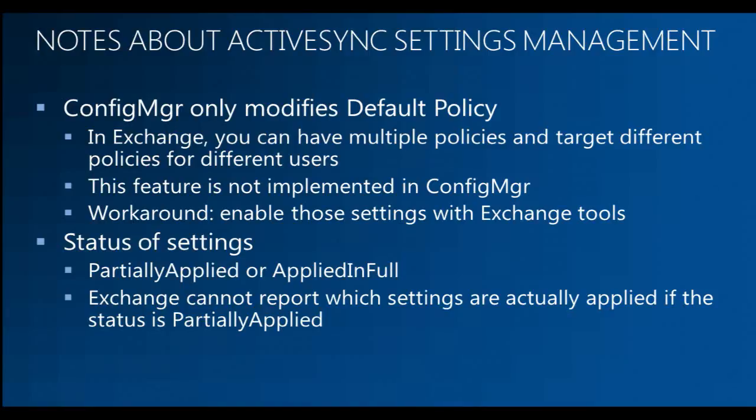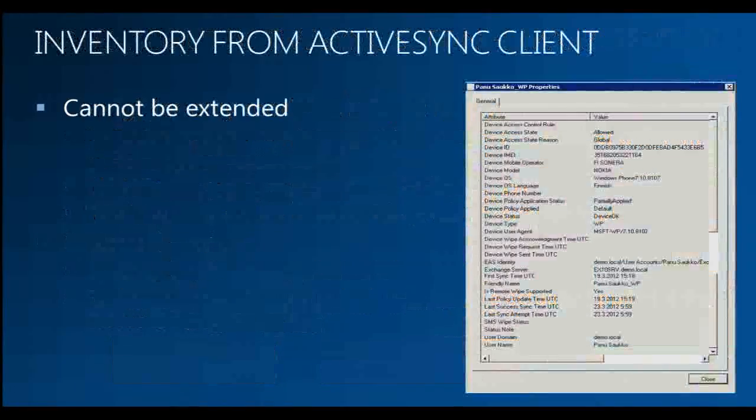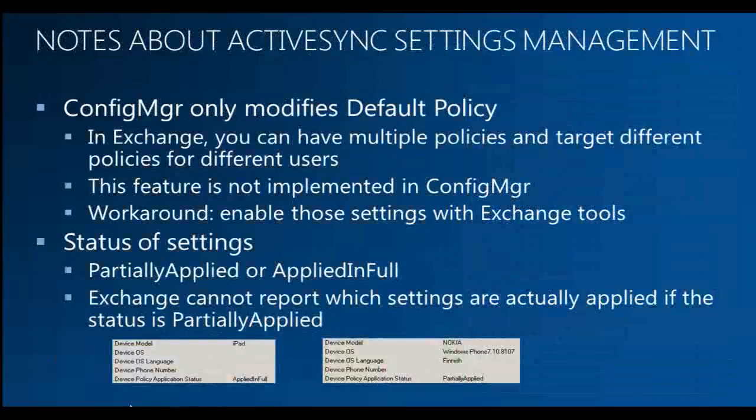But there is no way to know which setting hasn't been applied. Exchange doesn't report that information back to Config Manager or to the Exchange. So you could see from here this device policy application status. Is it applied in full or partially applied?